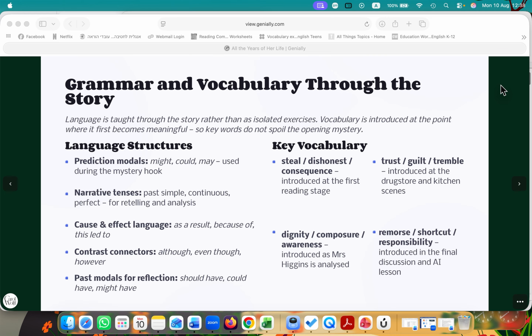The vocabulary moves the same way, from action words like steal and consequence to emotional ones like trust, guilt, tremble, dignity, awareness, and remorse. They are introduced right as students need them. As the emotional stakes deepen, so does the language.